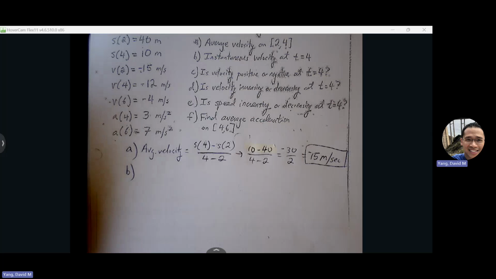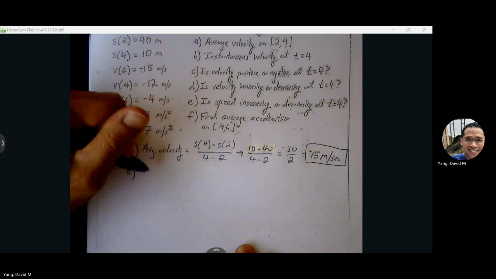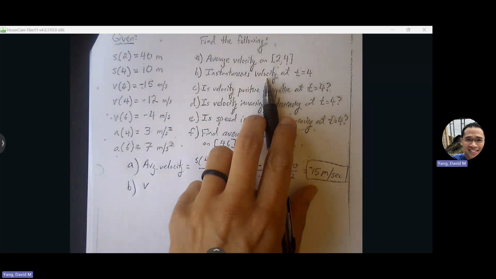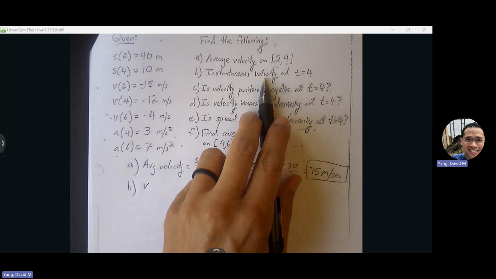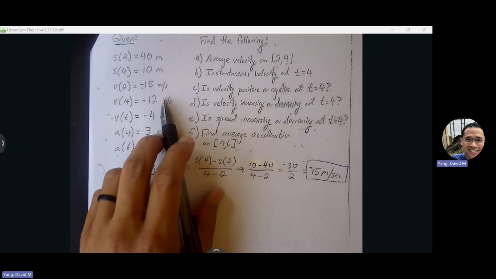Instantaneous velocity at 4. Now, if you see the word instantaneous velocity, that means you use the velocity function. So that's just v of 4, which is what? Negative 12.